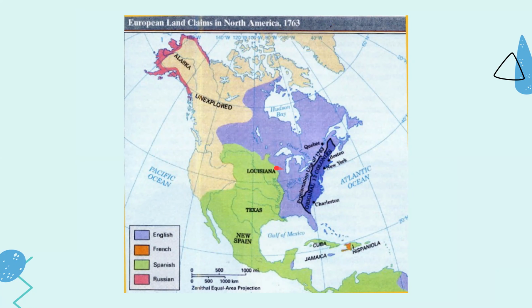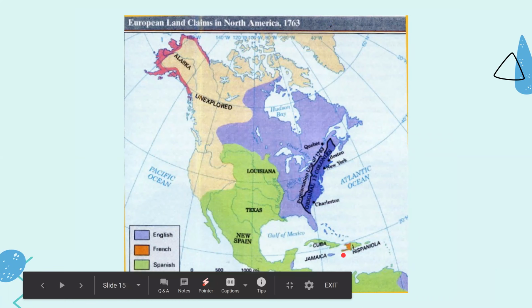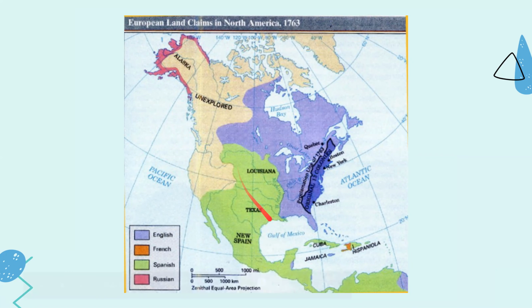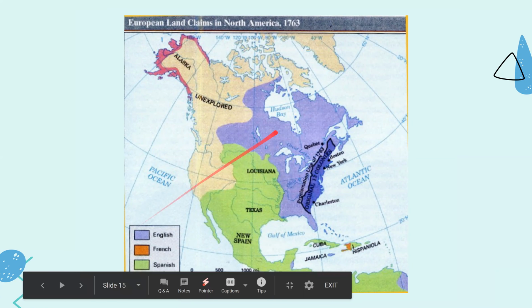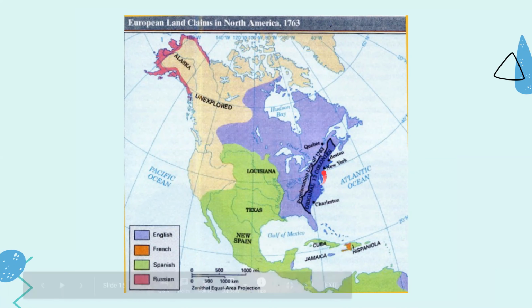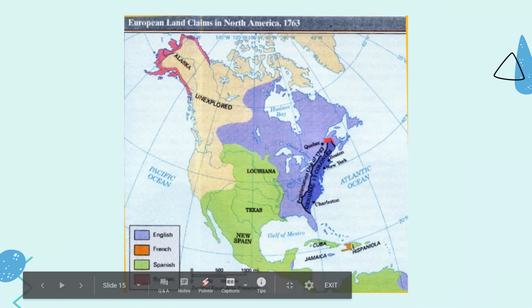So this is after the English have pretty much taken back their land claims here, and the French are left with only this little area. The Spanish have a huge amount of land currently. This stretch of Louisiana eventually goes back to France, but this Louisiana section, it's actually huge, sorry, it actually eventually gets bought by the original 13 colonies.